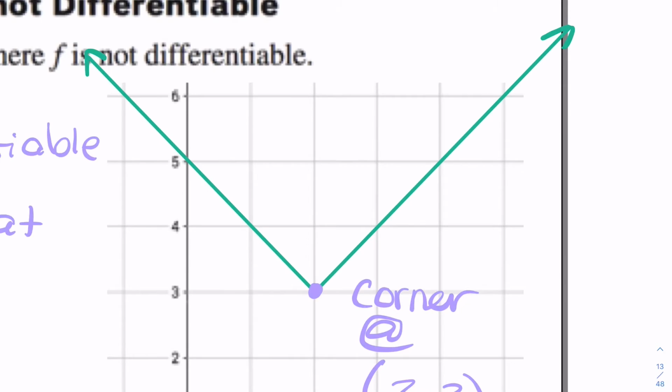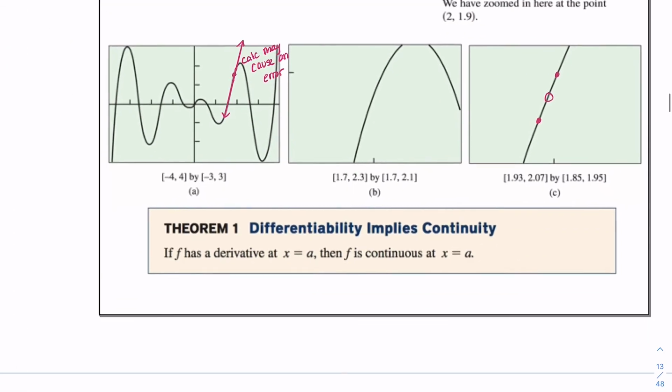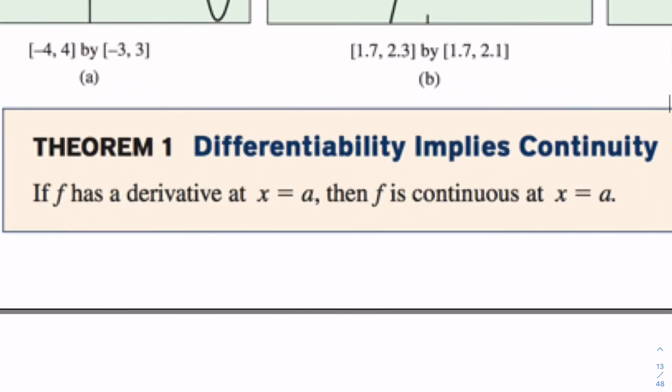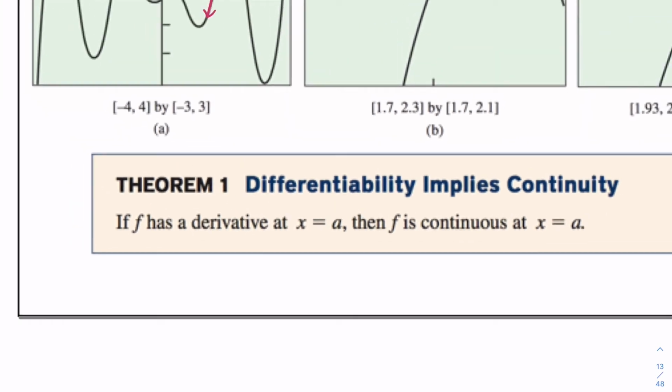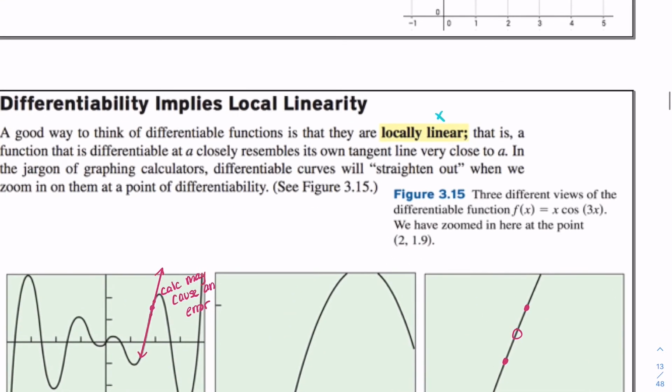So again, not all continuous functions are differentiable, but all differentiable functions are continuous. So if there's a derivative there, then it's continuous there. You need to know that. This is important. Memorize.